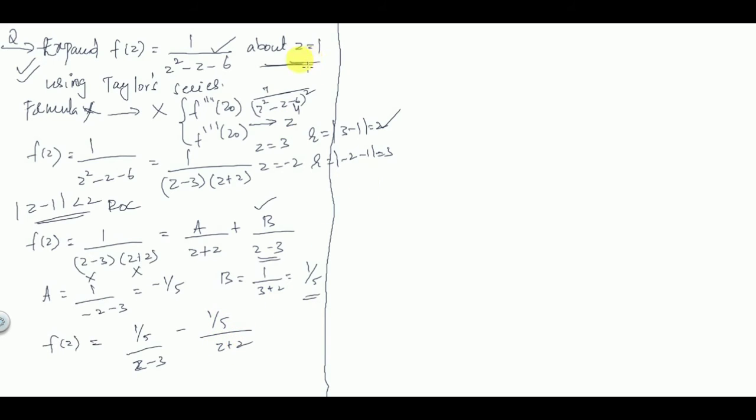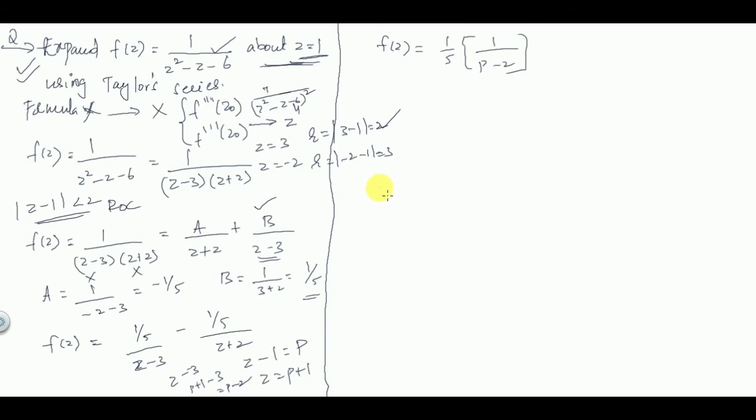We are expanding about z equal to 1. Let z minus 1 equal to p, then z equal to p plus 1. So in place of z minus 3 we write p plus 1 minus 3, which is p minus 2, giving 1 by p minus 2.